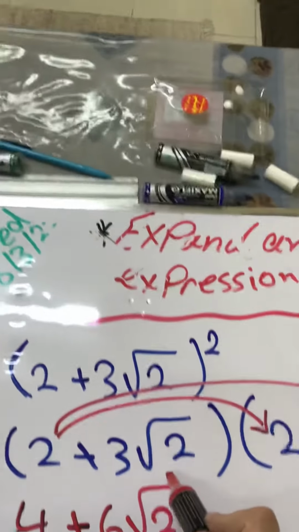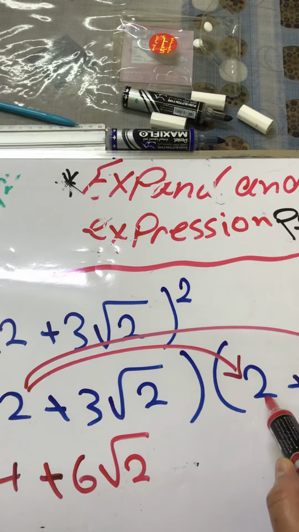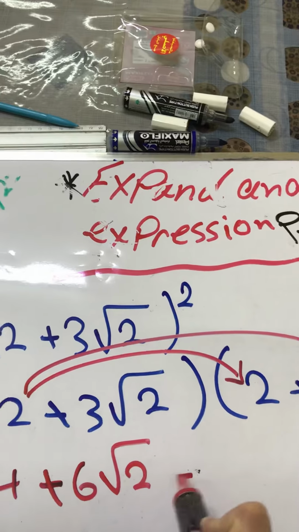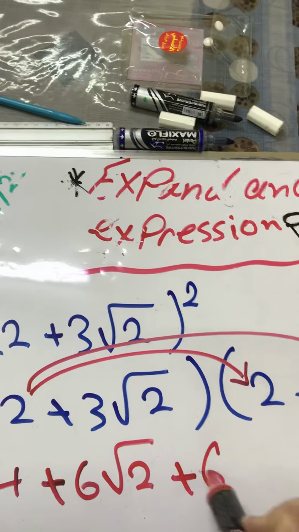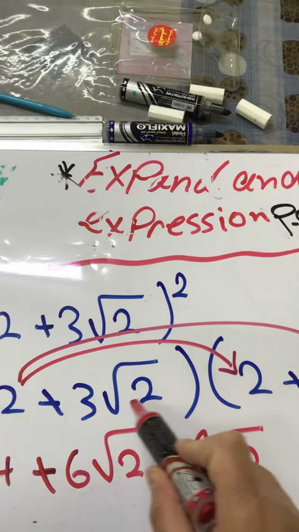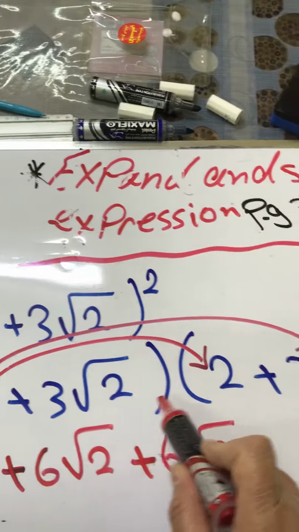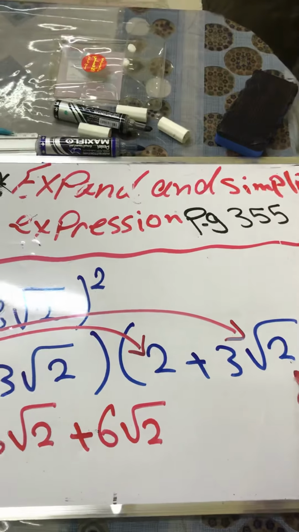Now I'll take 3 square root of 2 times 2. Positive times positive equals positive. 3 times 2 equals 6 square root of 2. And then positive 3 square root of 2 times positive 3 square root of 2.